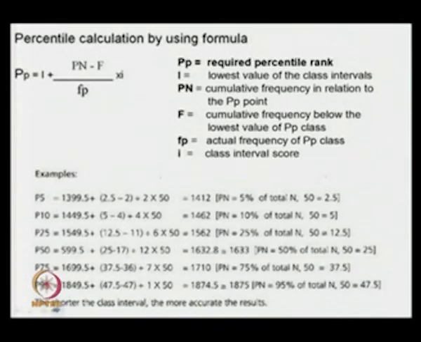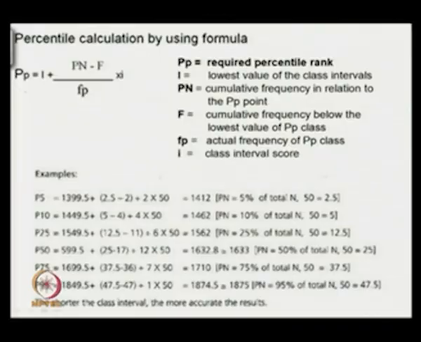Another thing, now whatever arithmetic calculation we have discussed, the formula would be: the preferred percentile rank Pp equals L plus (Pn minus F) divided by Fp, into I. Pp means the required percentile rank.